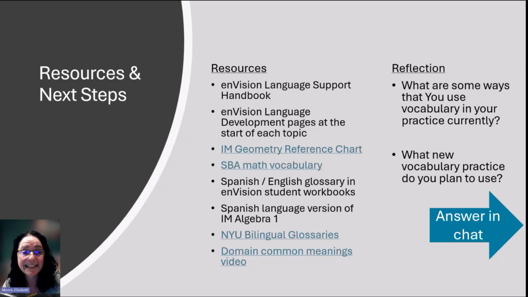There is a Spanish-English glossary in the Envision student workbooks. And there is a Spanish language version of IM Algebra 1 that could also be a resource, as well as those NYU bilingual glossaries and that video on domain common meanings if that is something that you would want to review in an upcoming lesson.